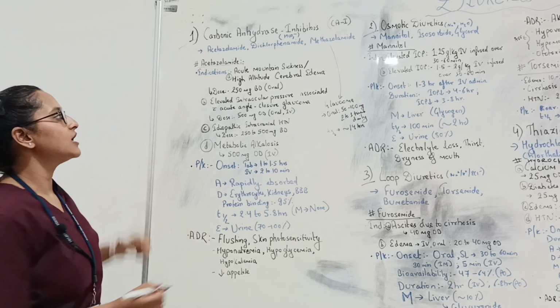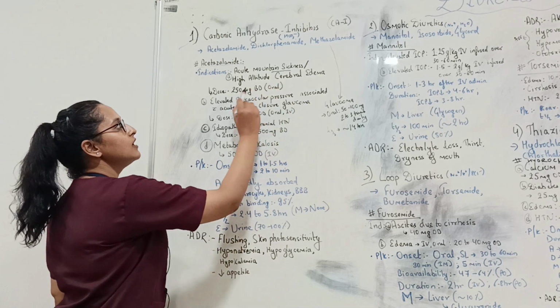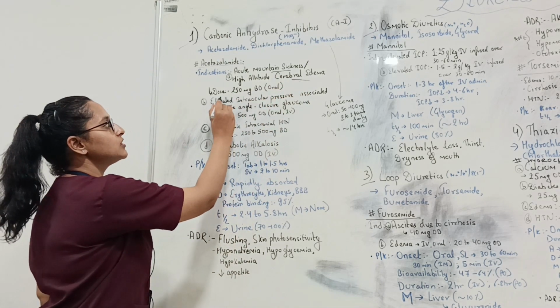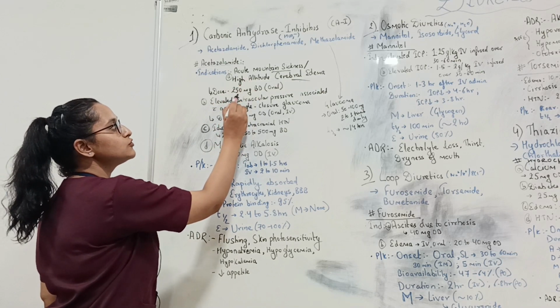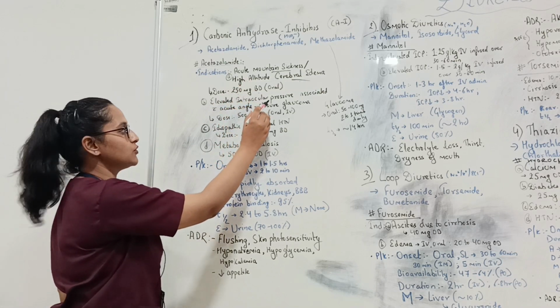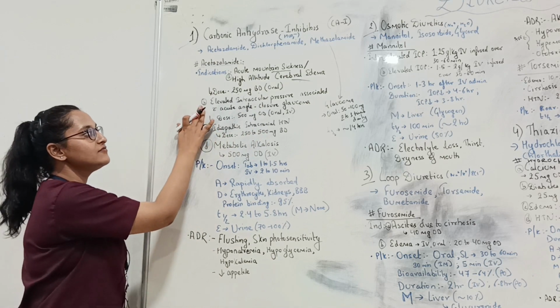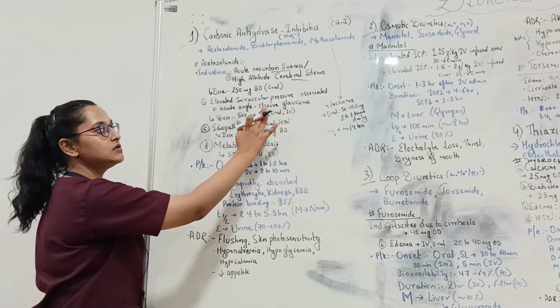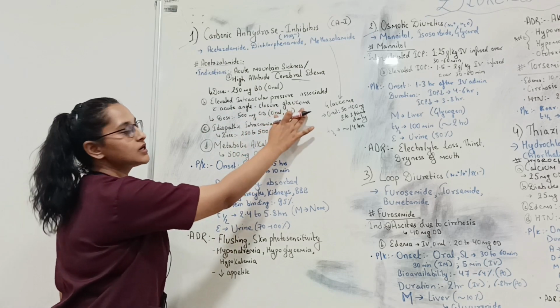The indication includes acute mountain sickness, that is high altitude, as well as cerebral edema. For this indication, the dose is 250 mg BD, oral. The second one is elevated intraocular pressure associated with acute angle closure glaucoma.